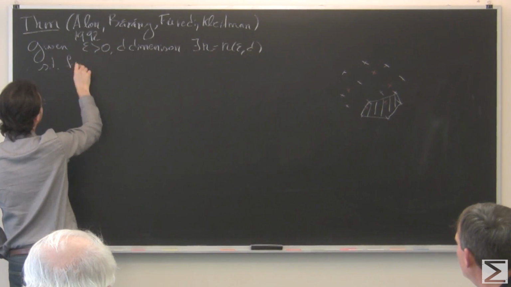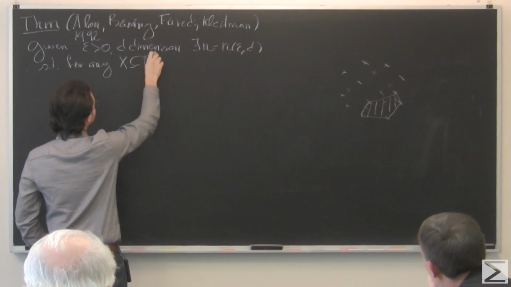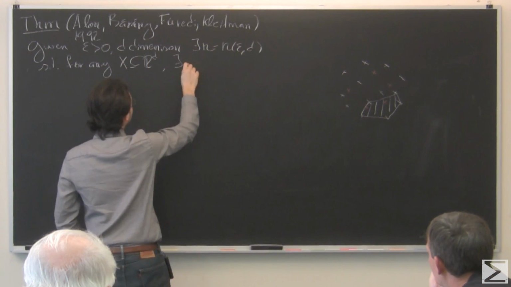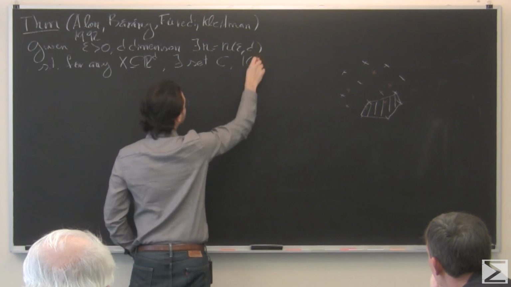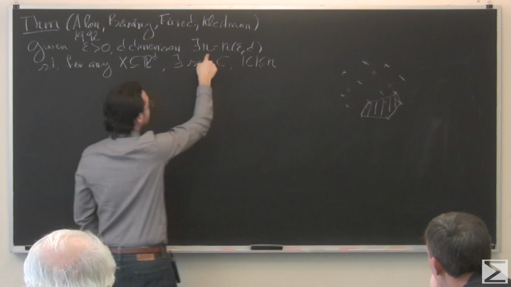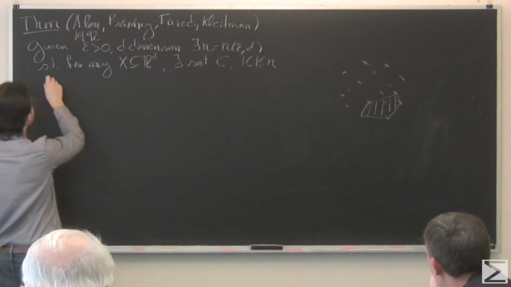such that for any X in R^d there is a set C with size bounded by this n, so that the following happens.